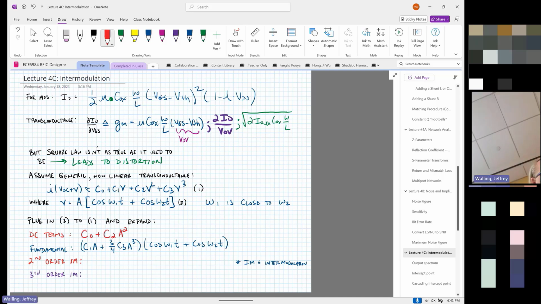We're going to have some second order intermodulation. IM is intermodulation. These are going to be beat frequencies. So we're going to have a cosine of omega 1 plus omega 2 of t. We're going to have a difference as well, cosine of omega 1 minus omega 2 of t.